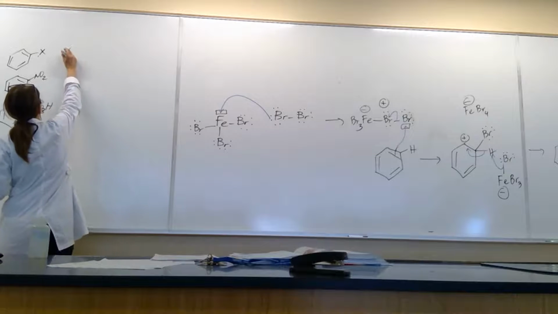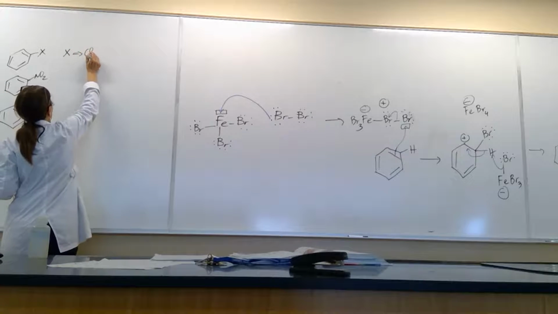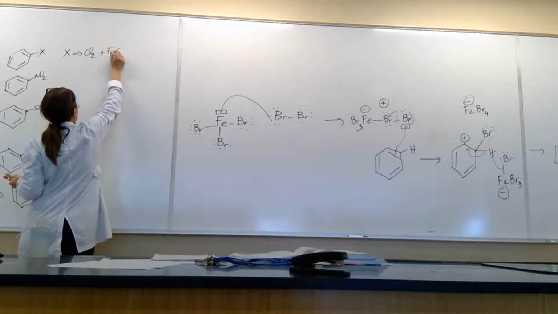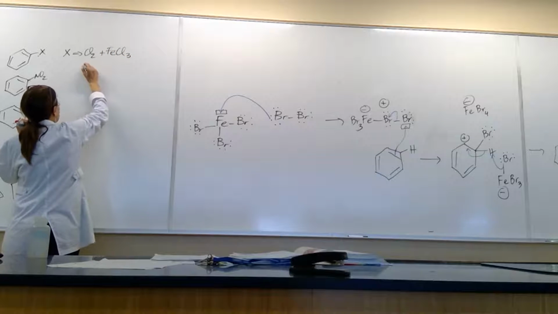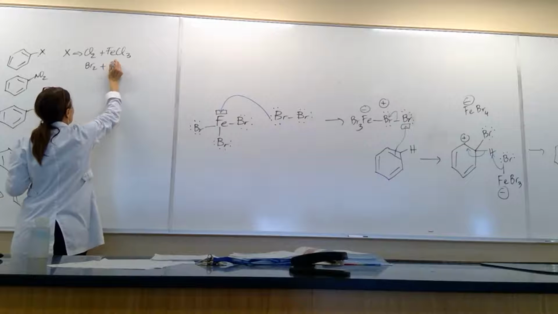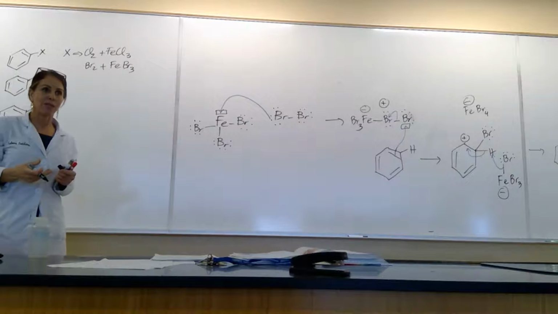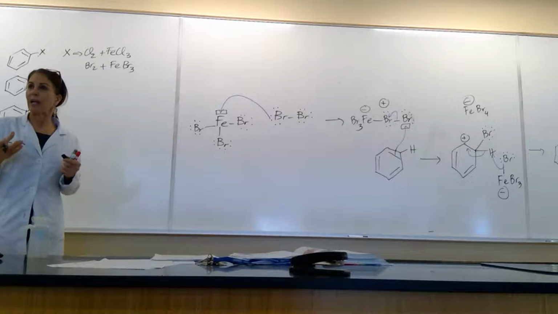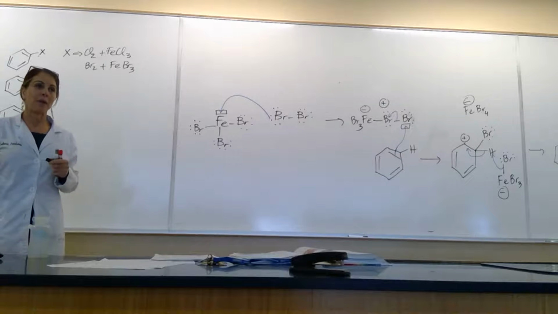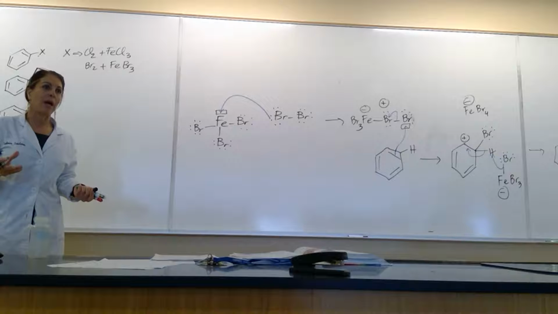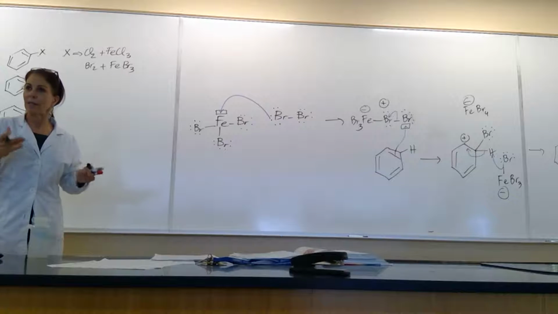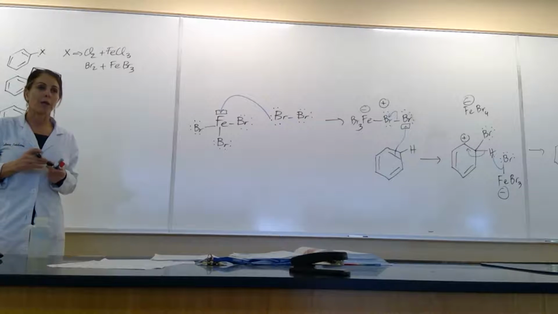So the halogen, if it's chlorine, you use FeCl3. If it's bromine, you use FeBr3. Why? You don't want to mix halogens. You understand? So whatever catalyst you use has to have the same halogen as the one you want to add so that you don't get byproduct or side products.